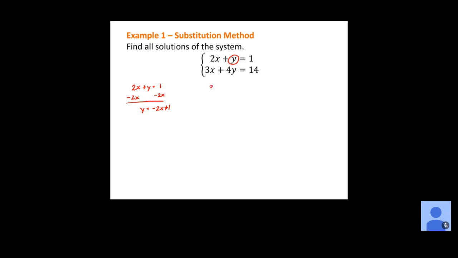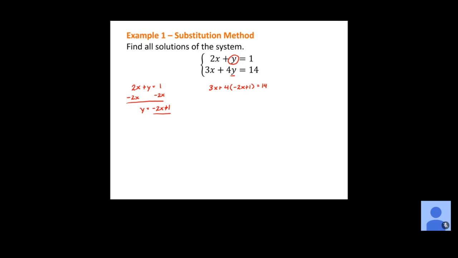So we're going to say 3x plus 4 times, and now instead of y, I'm going to replace it with the negative 2x plus 1 that I just found. So we've got 3x plus 4 times the quantity negative 2x plus 1, and that's going to equal 14. Because y is now equal to negative 2x plus 1, I can substitute that in place of y in the other equation. Now I have an equation that's just in terms of x, and I can solve for x.